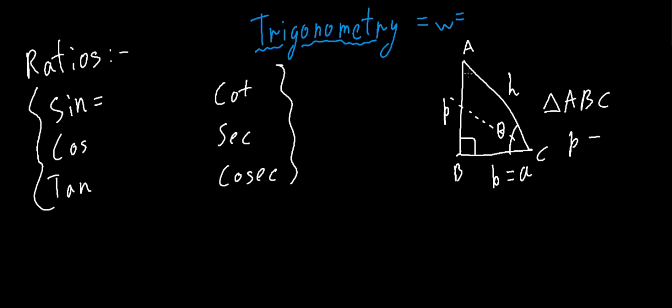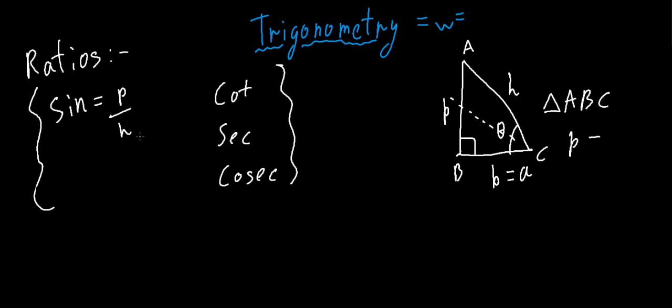If sine is taken from this triangle ABC, sine will be P by H. Let's rub this out for a while as we discuss sine.